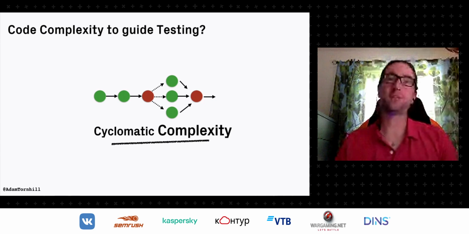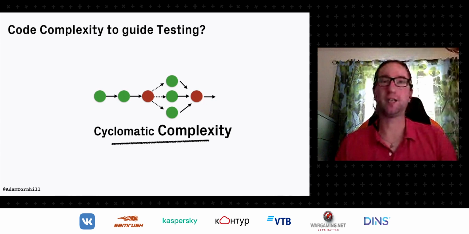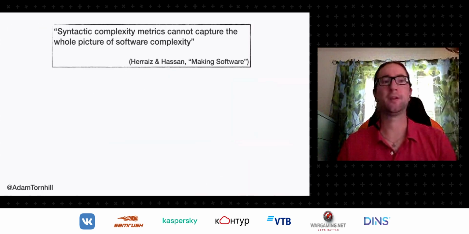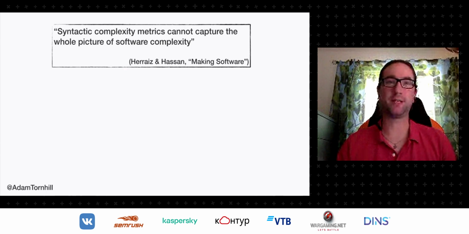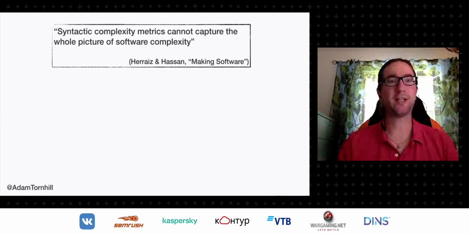Well, if we look at actual research, we reveal a pretty dark picture. So let me read one of my favorite quotes on metrics for you. "Syntactic complexity metrics can't cover the whole picture of software complexity." And what's so fascinating about this quote is that it's from two researchers.